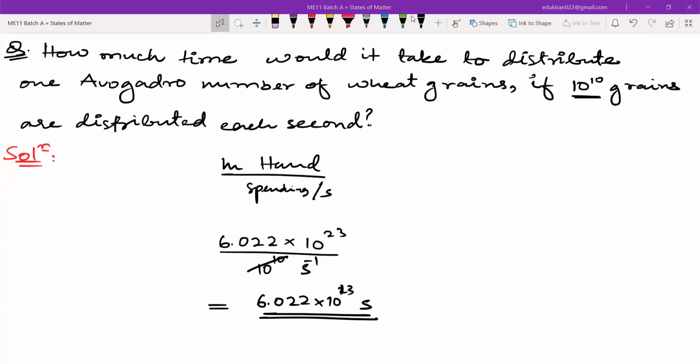So if you have money equal to one Avogadro number, and you will be spending 10 to the power 10 rupees in each second, that would take you 10 to the power 6 years. That is 1000 into 1000. It's not even 2000 years. It is 1000 times 1000 years that will be spent, and then that money will be over.